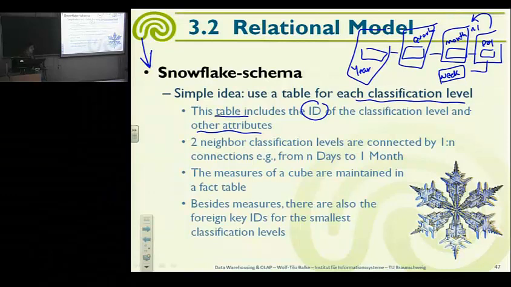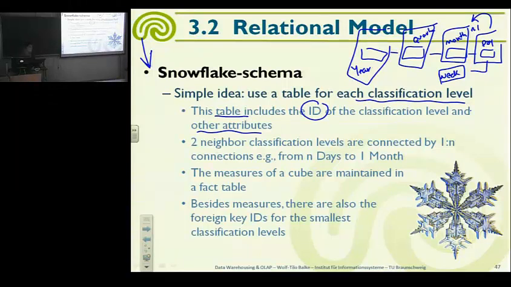So in the typical relational database schemas, they break the time dimensions into these tables. And you basically have this one-to-one mapping of the classification hierarchies in these two-dimensional tables.